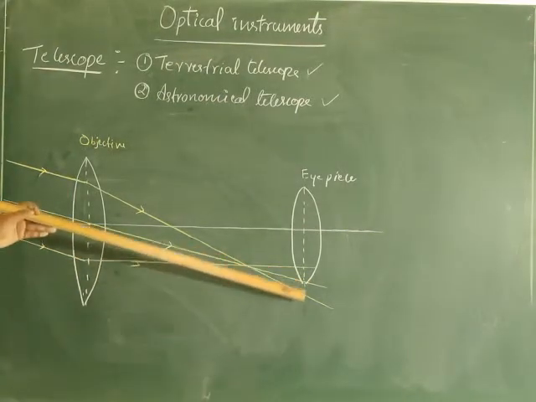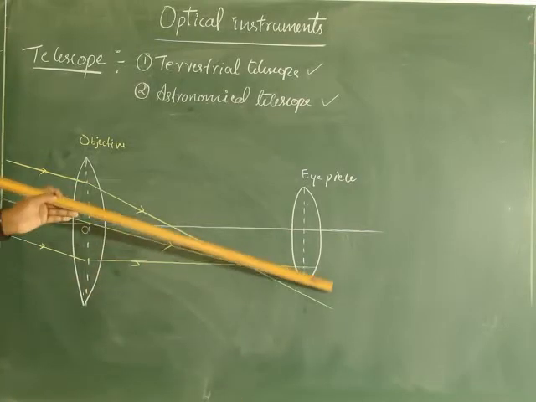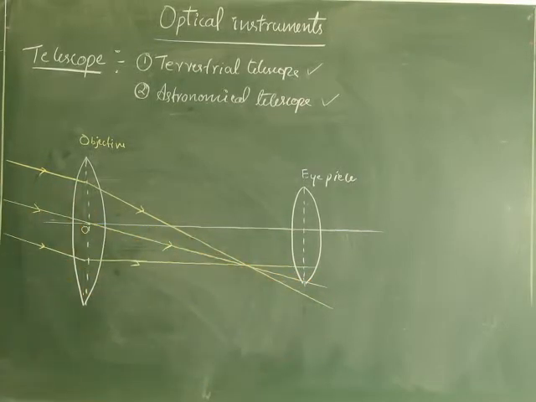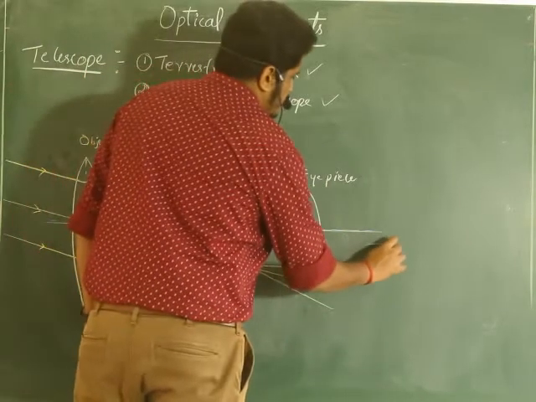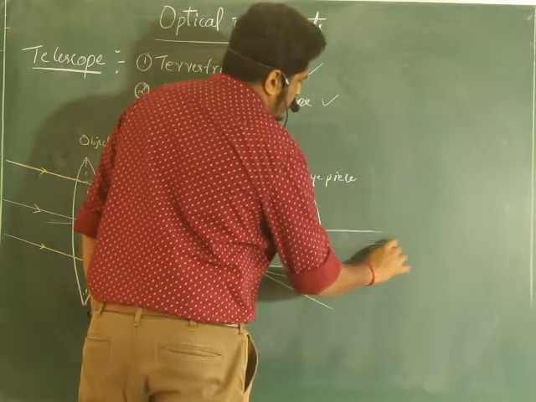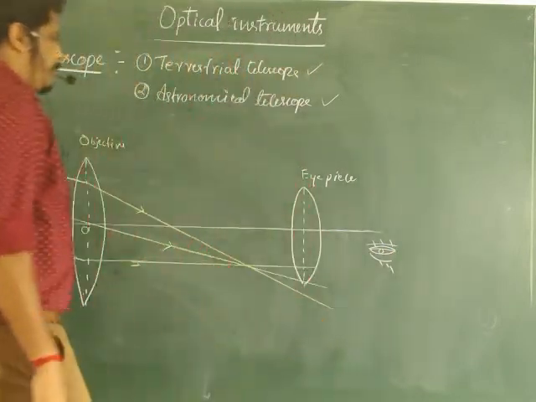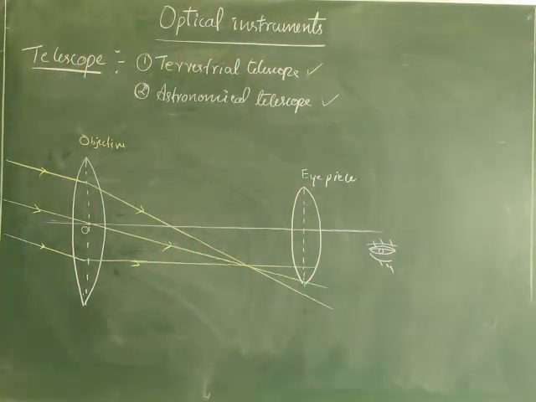So rays of light go in this way. Next, the person has to view this from this particular point.